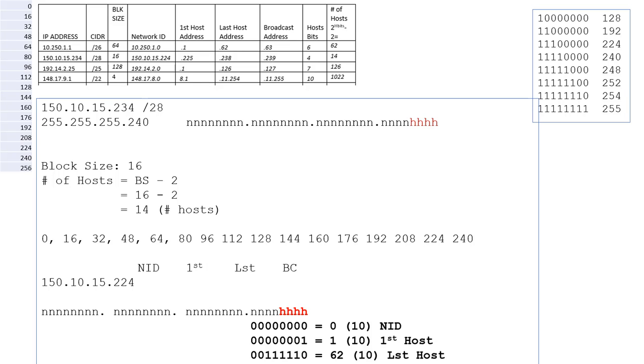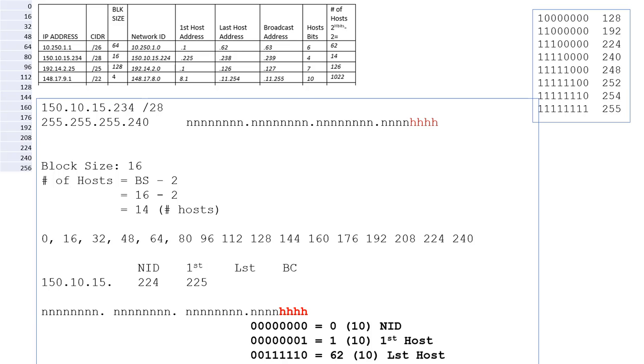That's going to be the network ID. Our first host address is going to be 225.